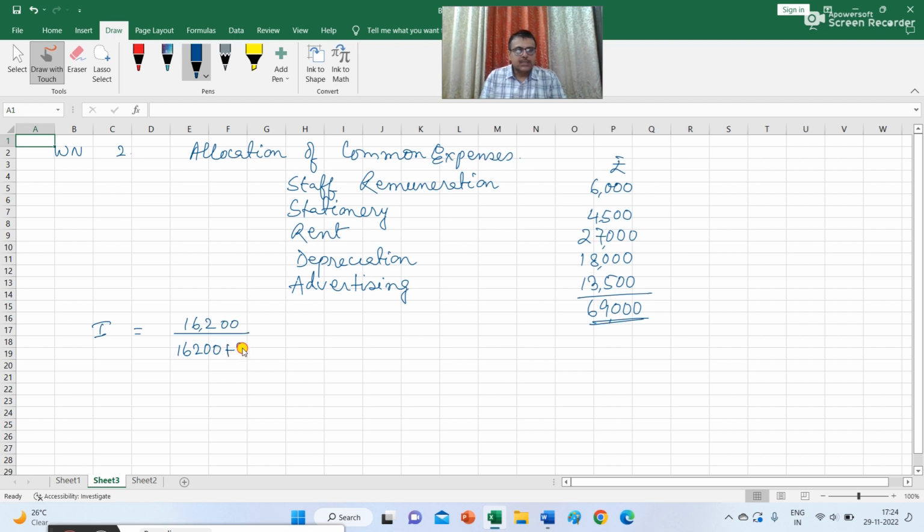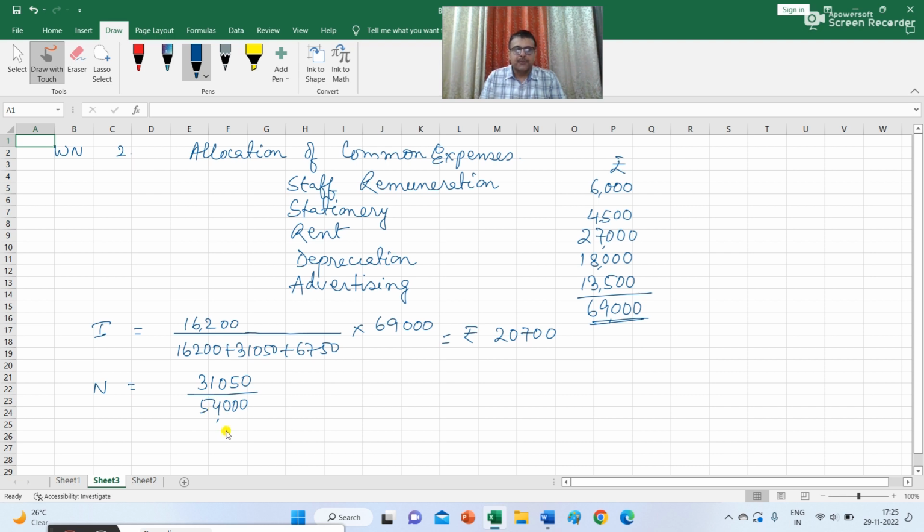If you add up 16,200, 31,050 and 6,750, we get 54,000, and the common expense is 69,000. So the common expense allocated to Department I is rupees 20,700.